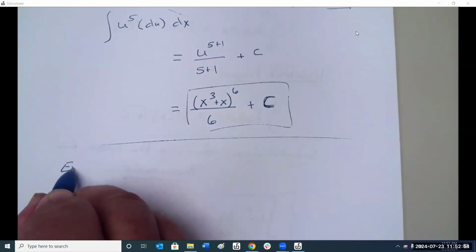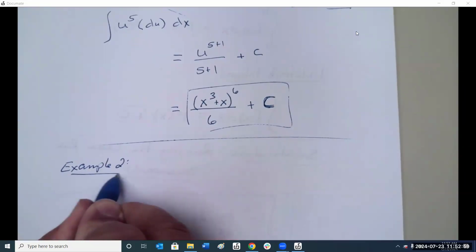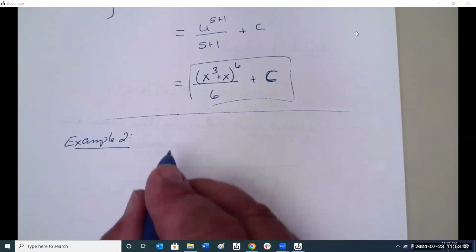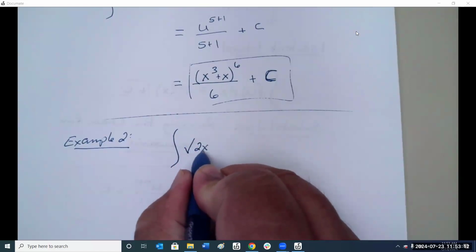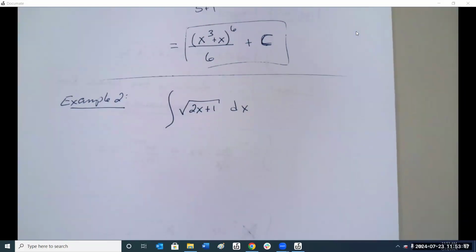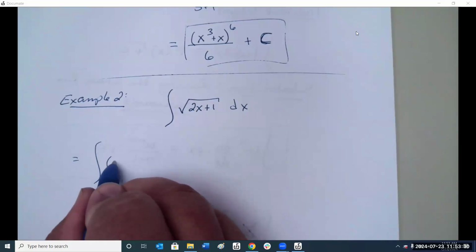But example 2 shows us there may be situations where we're missing a part, a number. Square root of 2x plus 1 dx. That's the first thing we have to do: convert this to an exponent.